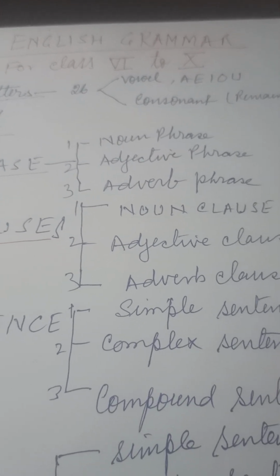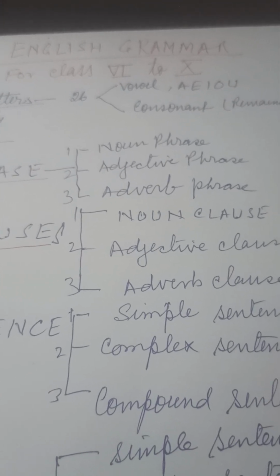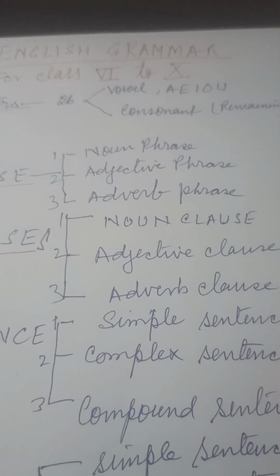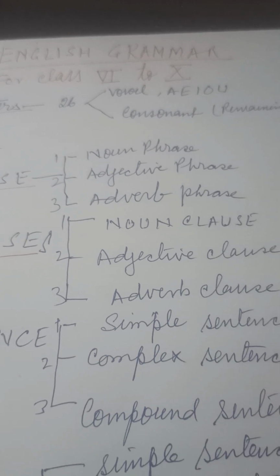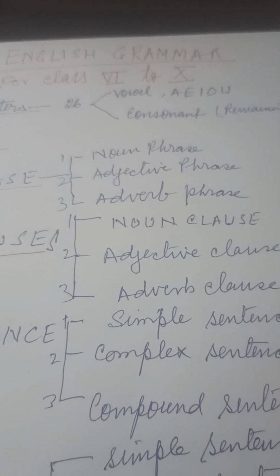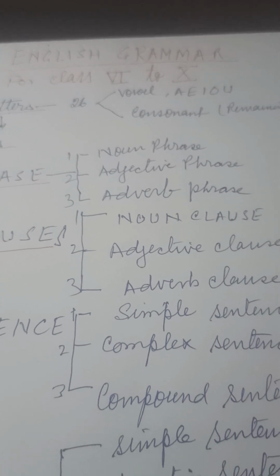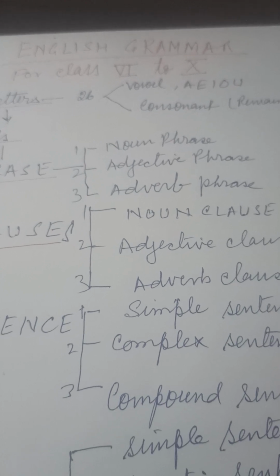So for these A, E, I, O, U, we see that the articles A and AN, particularly A and AN, are confirmed when we are creating a distinction between vowel and consonant.